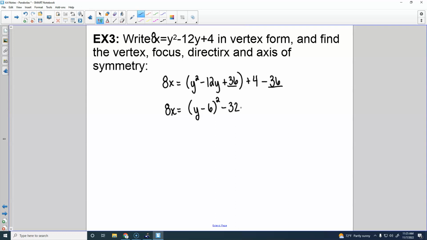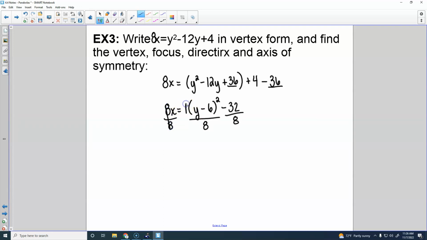Are we okay here? We can divide the 8. What's it going to look like if I divide the 8? Okay, I'm dividing this by 8 and this by 8. But I really don't want a fraction like this when I'm having to deal with vertex form, right?